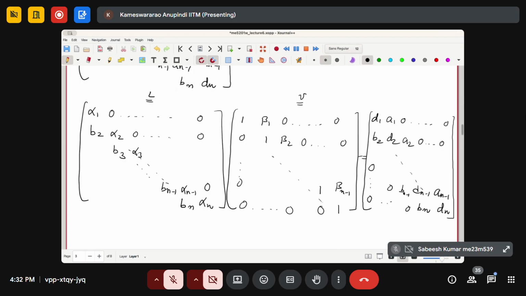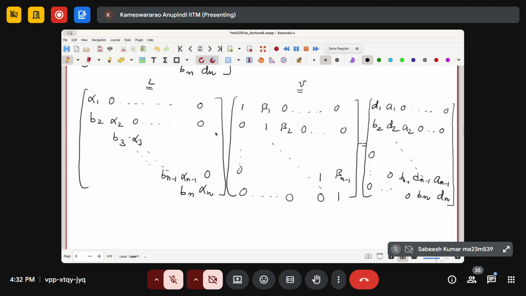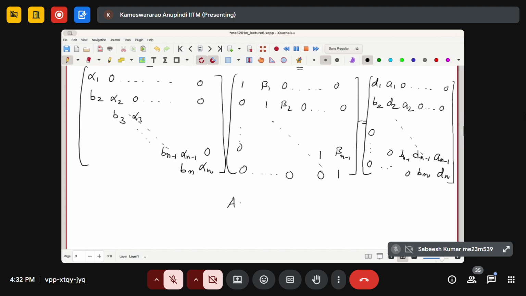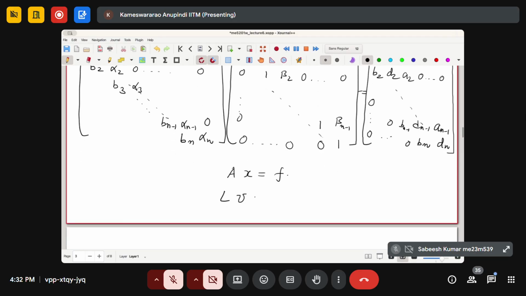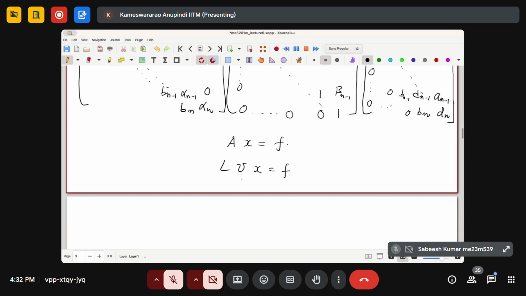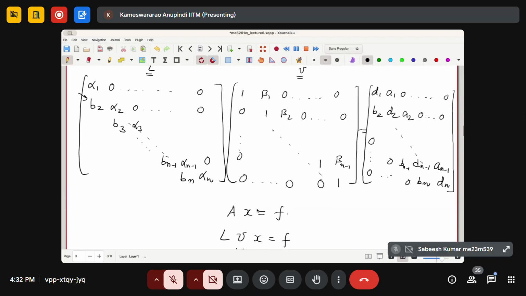So once you know alphas and betas, then we can calculate, again using forward substitution and backward substitution, the unknown vector x, right? Just like we have done, we have Ax equals, let us say f, instead of b, because b I have already made use of here. Once you decompose into LU x equals f, then I'm going to call Ux equals y, and solve Ly equals f using forward substitution.